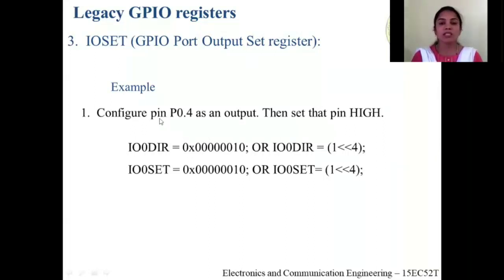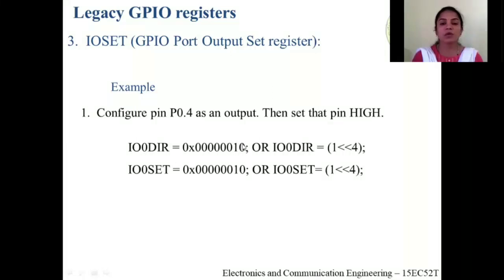Here it is port 0, so we have to use the registers associated with port 0. Therefore we use IO0 DIR with an assignment operation, 0x. Then we look at which pin of port 0, the fourth pin. From the LSB we have to go to the fourth position.